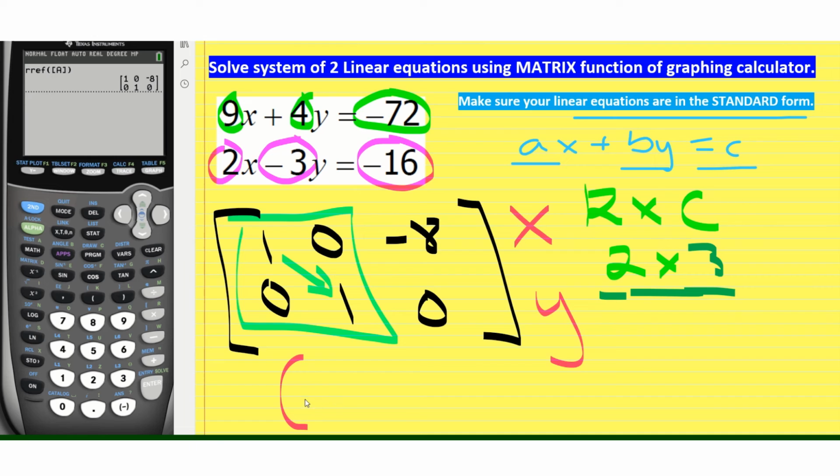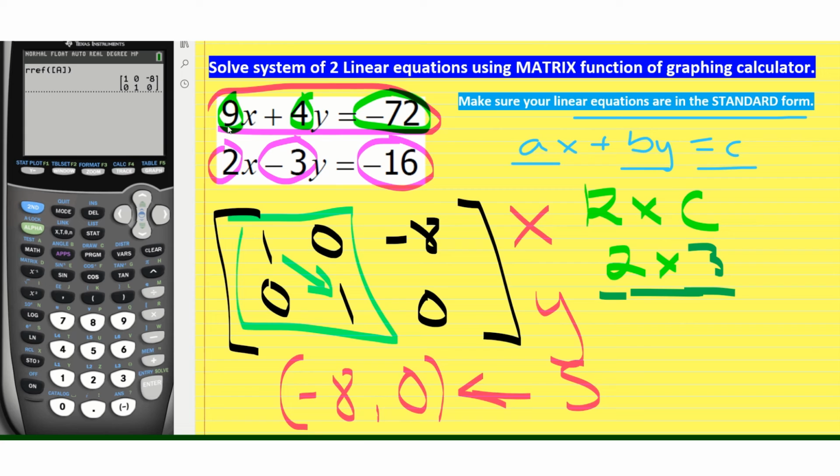I will write my answer as an X and Y coordinate, so it'll be -8, 0, and that should be the solution of my two linear equations. They'll be graphed as lines, and the solution, or where they intersect, will be at the point -8, 0.